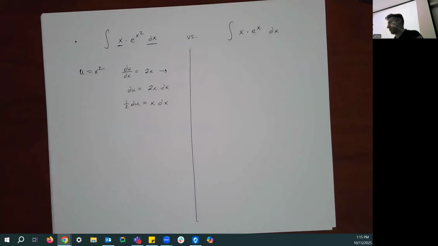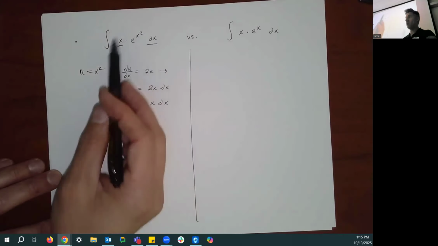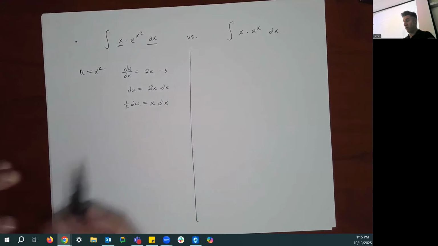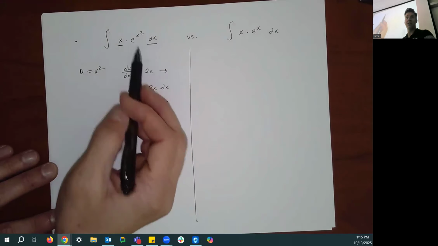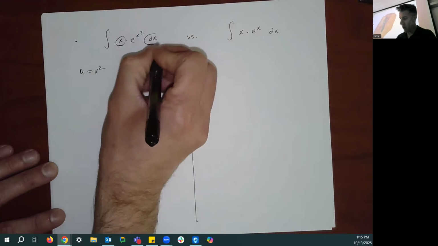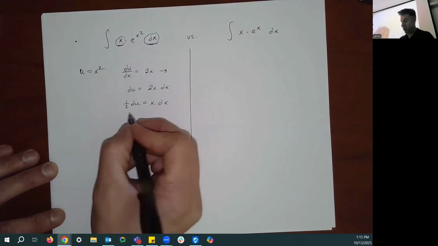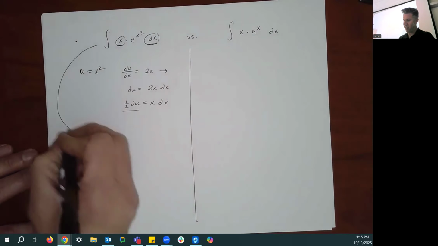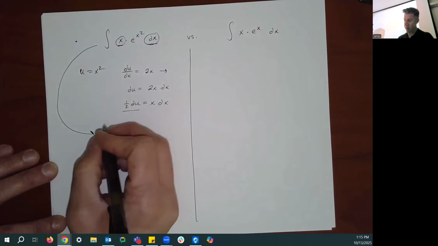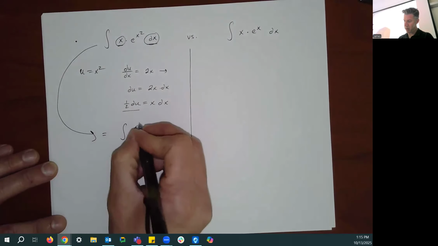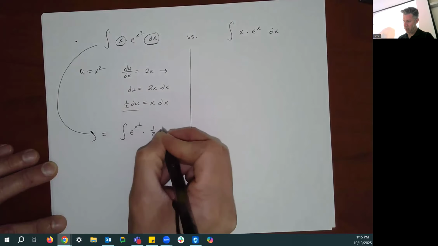I'm going to say this practically every time. Whenever you're doing u substitution, you want to make sure that the dx to du transformation happens first. So whatever pieces need to get grabbed up to turn into du, you have to take those. So this part and this part are both going to get replaced by just 1/2 du. If you want to take an intermediate step here, I could say this integral is equal to the integral of e^(x^2) times 1/2 du.